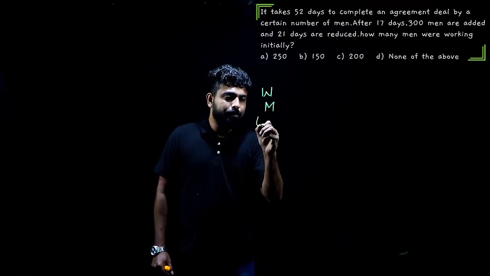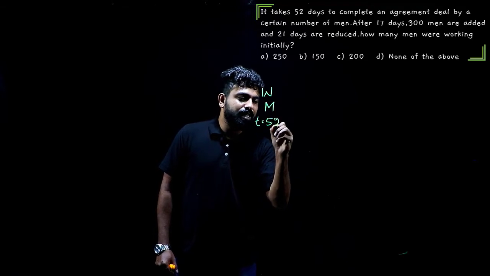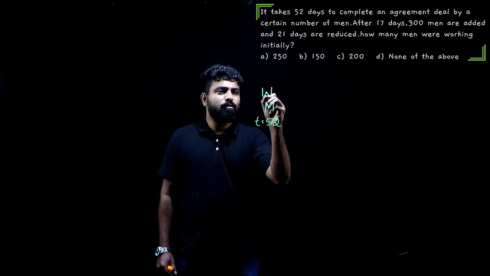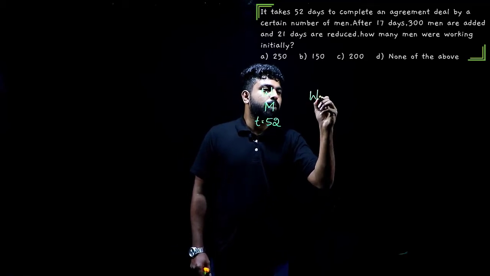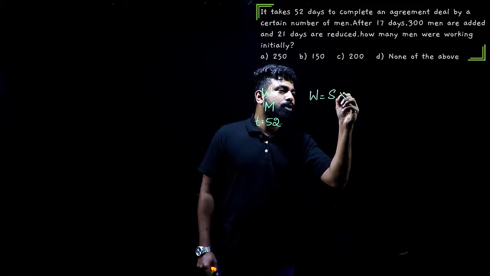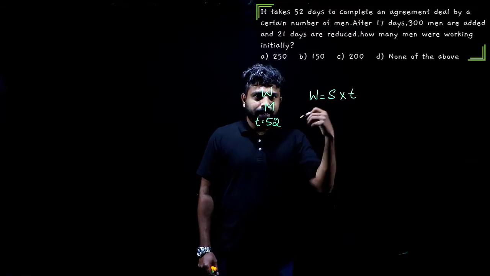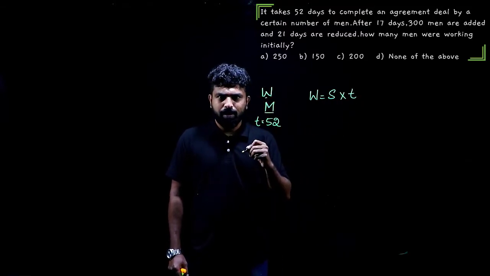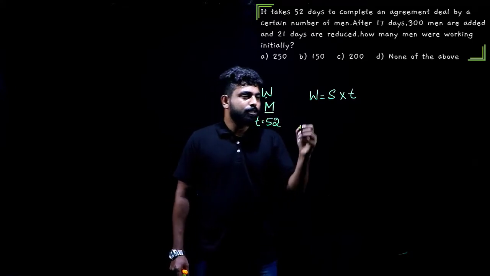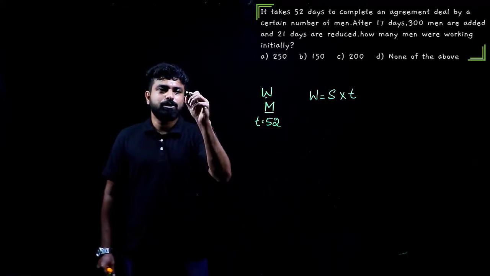They took time, which is nothing but 52 days initially. So what is the formula for work here? Work will be equal to speed into time. But in our case, there are M number of men. Let us take an example. There is Dolu here.